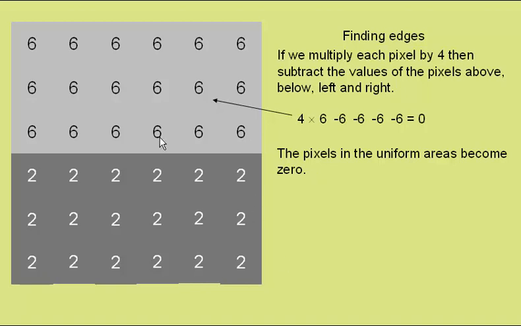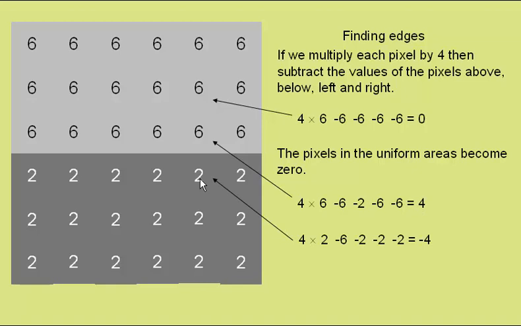If we look at the pixels along this edge, so for instance this pixel, 4 times 6 is 24, then we take away 6, 2, 6 and 6 to give a value of 4. The ones down here would be 4 times 2 is 8, minus 6, 2, 2 and 2 gives us a value of minus 4, but our lowest value is 0.